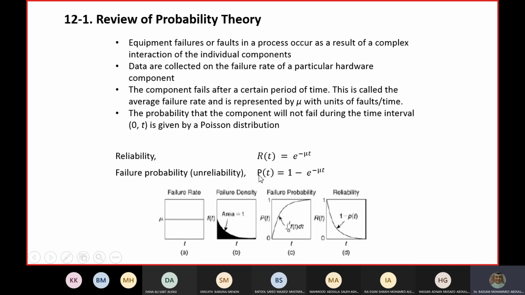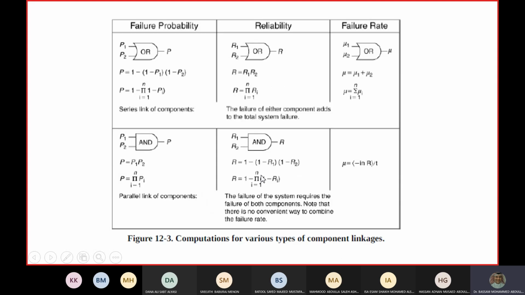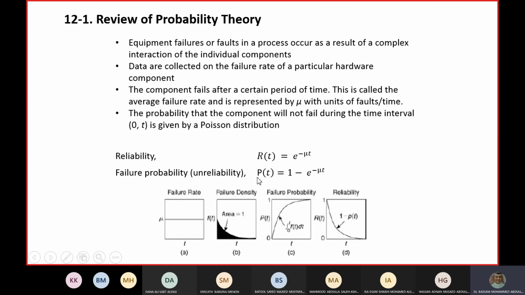Now, P is the probability of failure, which is the opposite of reliability. If the probability of failure is 0.1, or 10%, in a certain valve, then there's a 10% probability of failure of that valve.